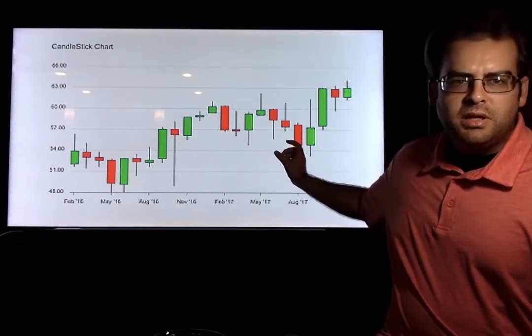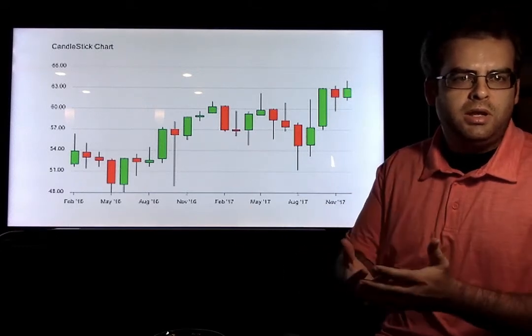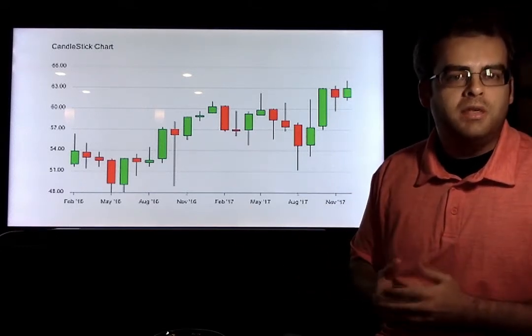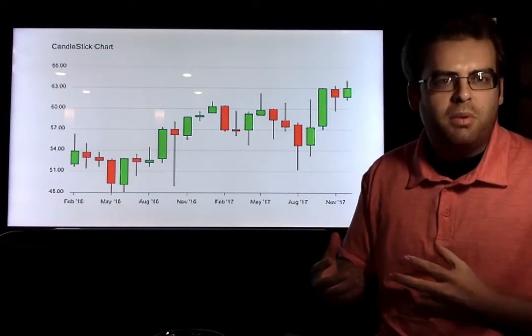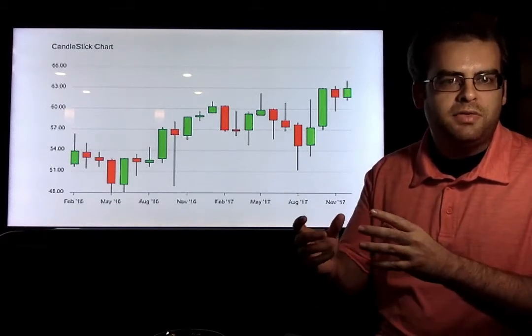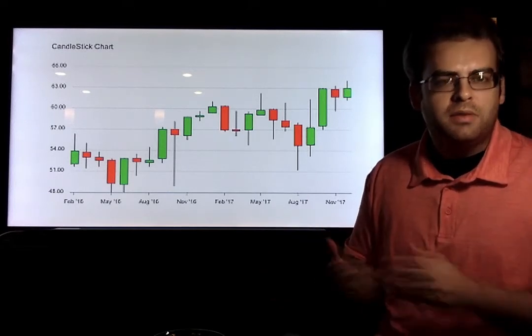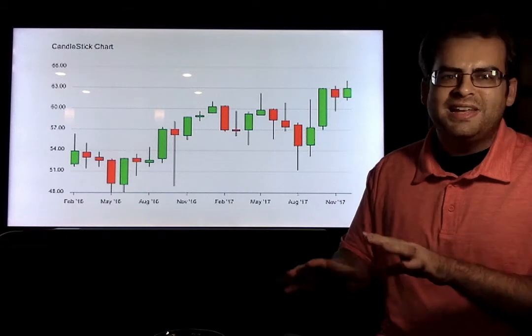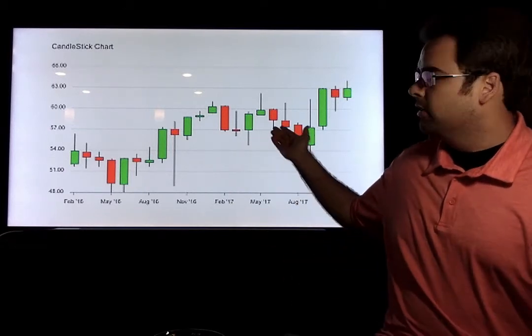So what a candlestick is, you see green and red, which green is bullish and red is bearish. So a bull and a bear are very commonly used in markets. Bulls meaning that the market is charging or accelerating ahead, and bear meaning that the market is in a more defensive or standoffish or declining position.